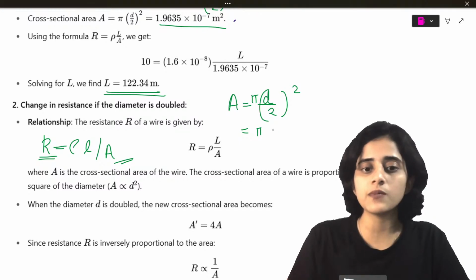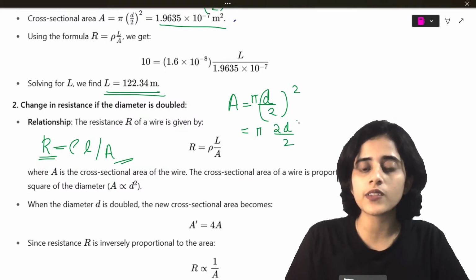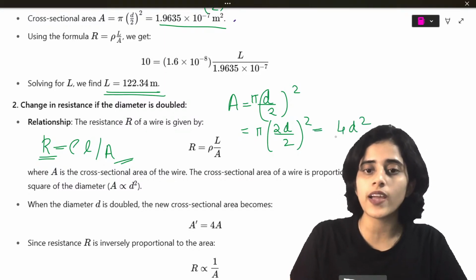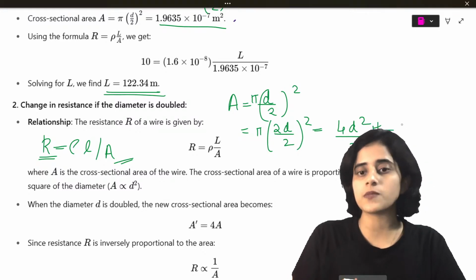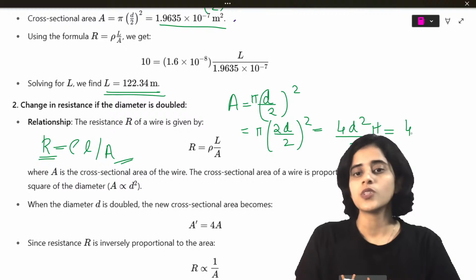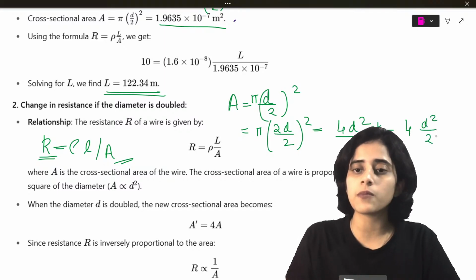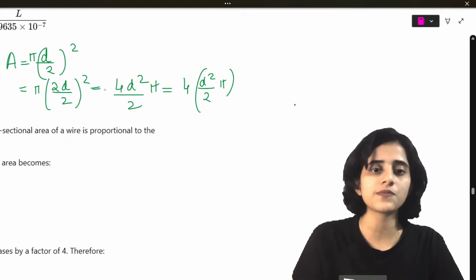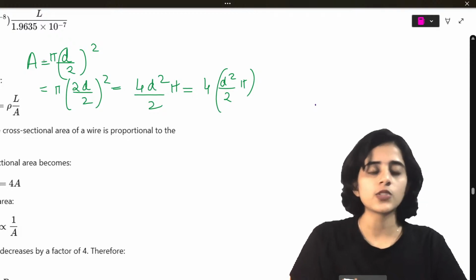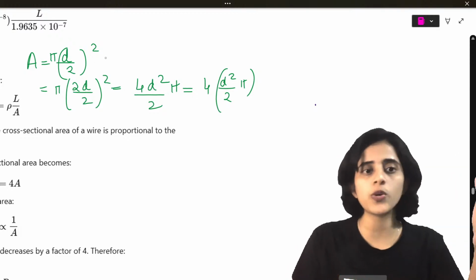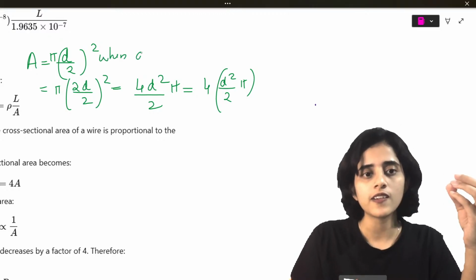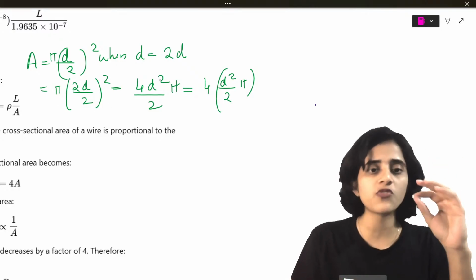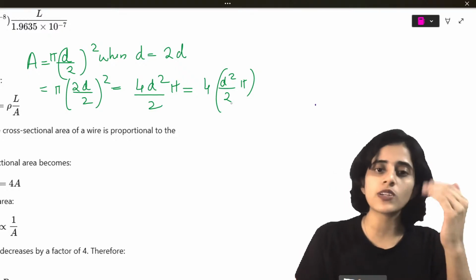So, it will become π(2d/2)², which is 4d²π/4... Generally area is π(d/2)². Now, when d is doubled, it will become π(2d)²/2², which is 4d²π by 2². I take the 4 outside.